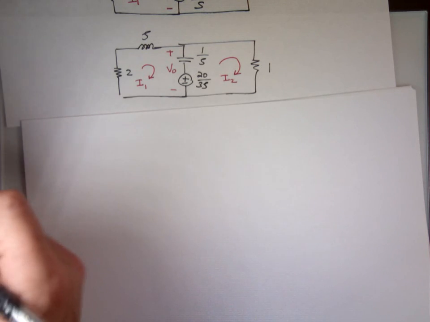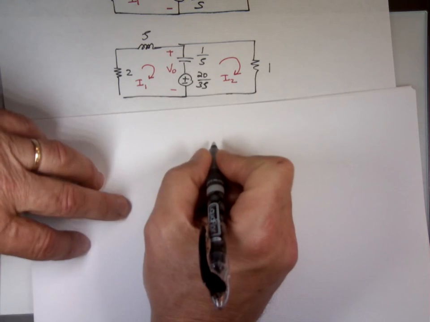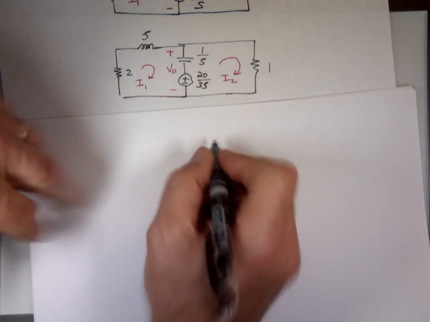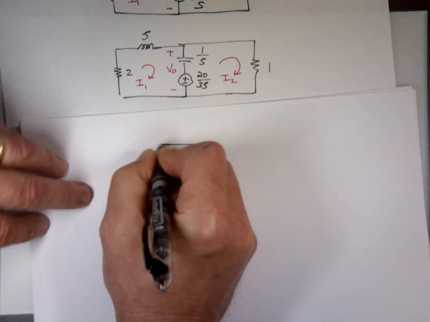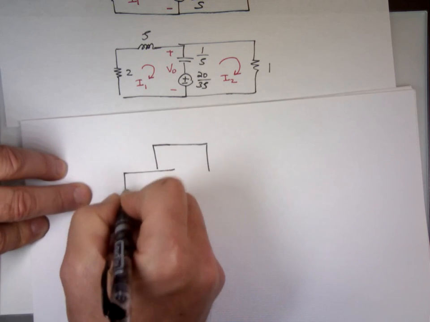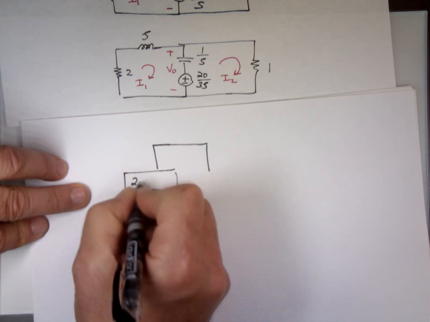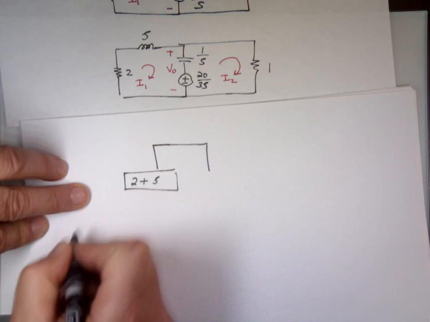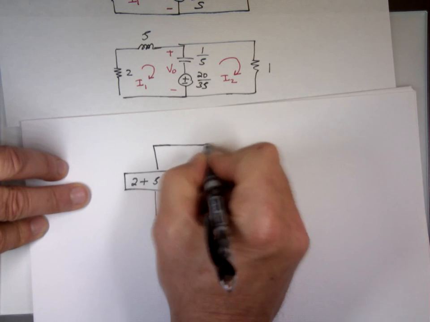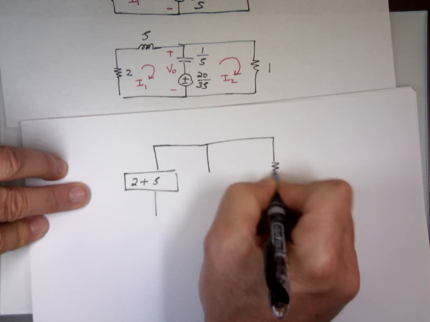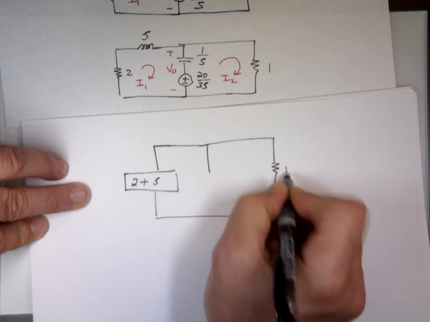What will happen if I decide to use, instead of KVL, KCL? Let me just take a peek at it. I can take these two, combine them together, and make it what? 2 plus S. They are in series. One. Wait a minute. Where's my cheat sheet?